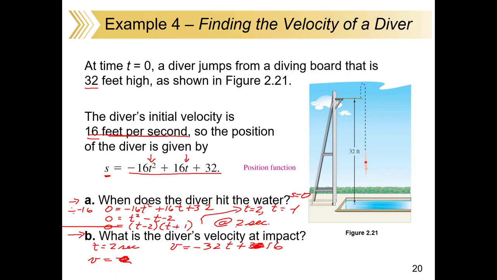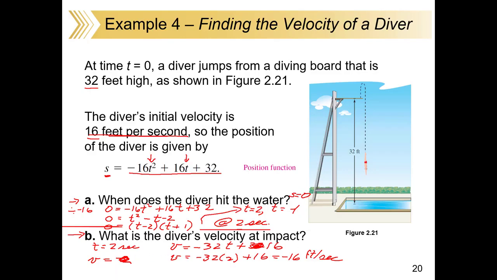We're talking about the 2 second point. That's where he breaks the water. So just to get that, negative 32 times 2 seconds for the time, plus 16.